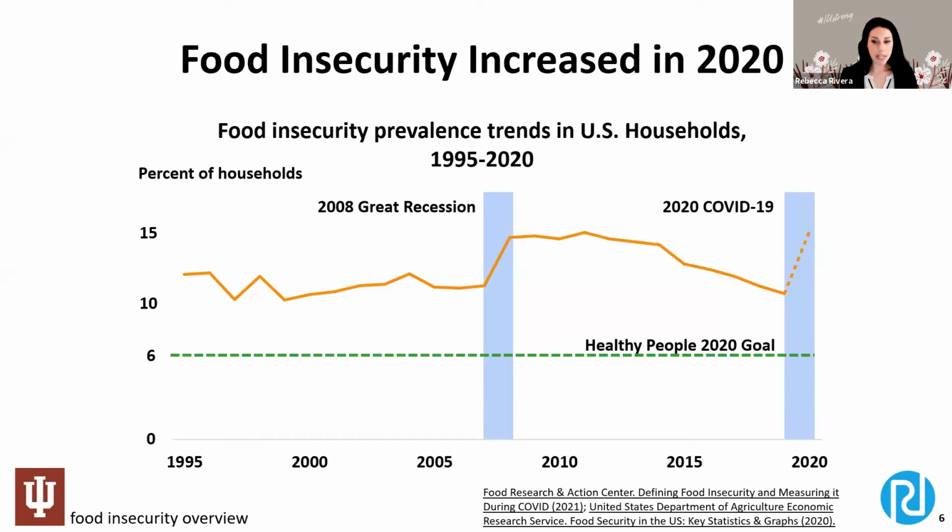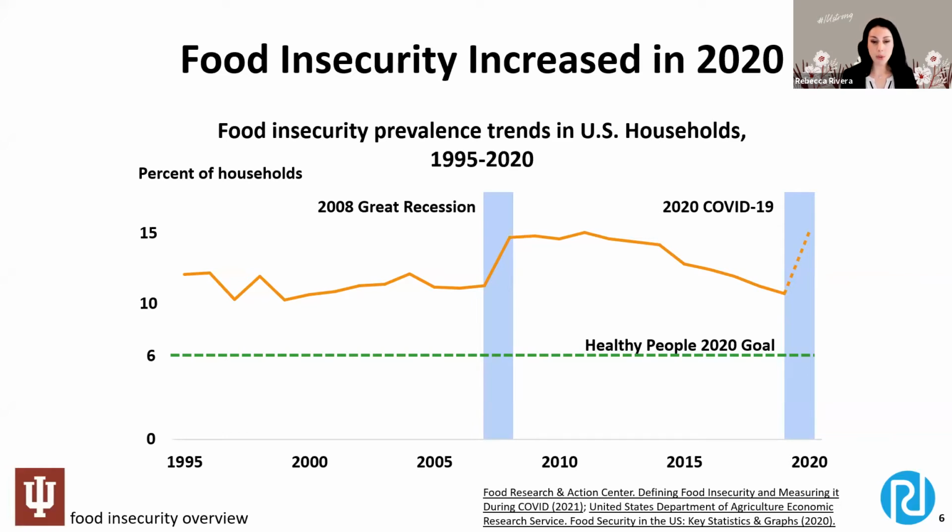Here are some updated prevalence trends of food insecurity, which, as you know from news outlets, drastically increased in 2020. I want to show you a couple things here in this chart. So the Healthy People 2020 goal was to decrease food insecurity to about 6% of US households.